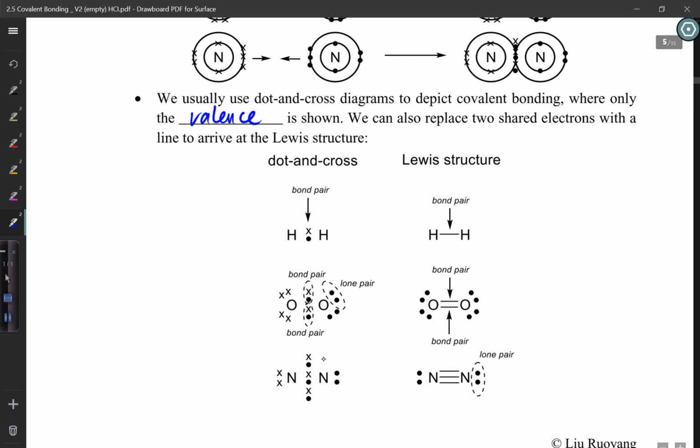The Lewis structure is the simplified one because we just replace 2 electrons with a line. Those electrons that are being shared are known as bond pairs because they are involved in a bond. Those electrons that are not involved in a bond are called lone pairs. Take note that they are known as pairs because they always come in twos.